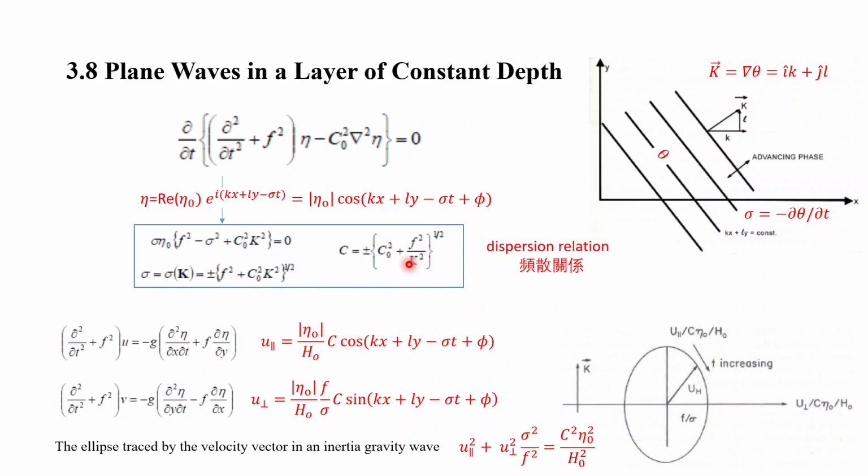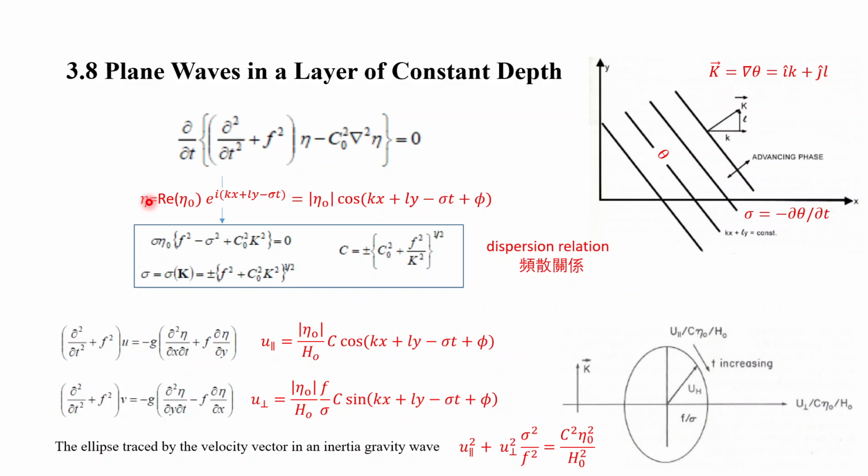The dispersion means for each wave number the phase speed is different, so this means that the gravity wave is dispersive. In this case, the larger wave number, that means smaller wavelengths, has a smaller phase speed. For the long wave, the inertial gravity wave has a relatively fast wave speed.